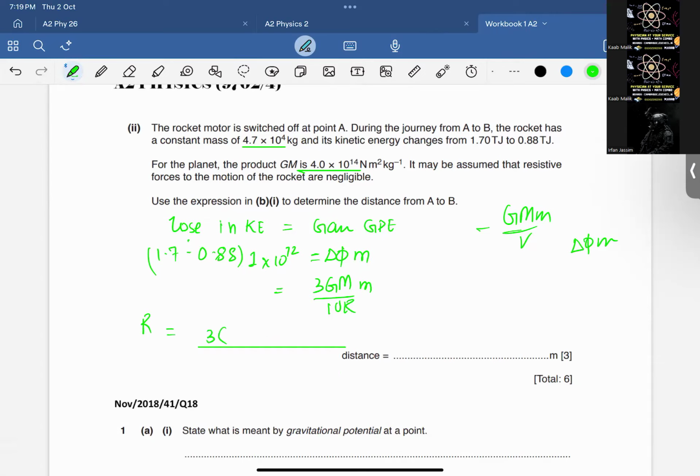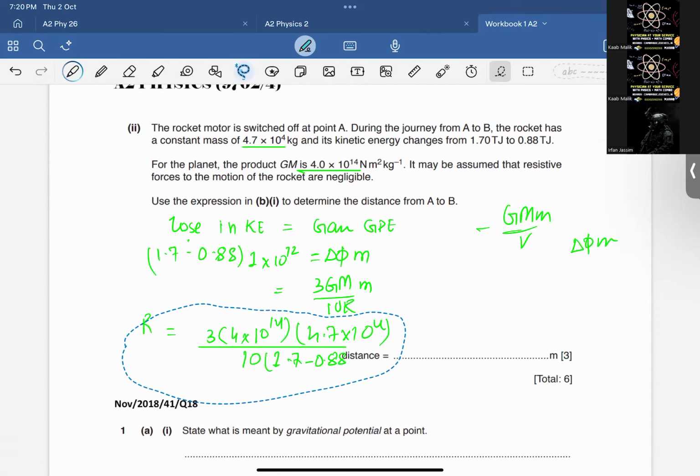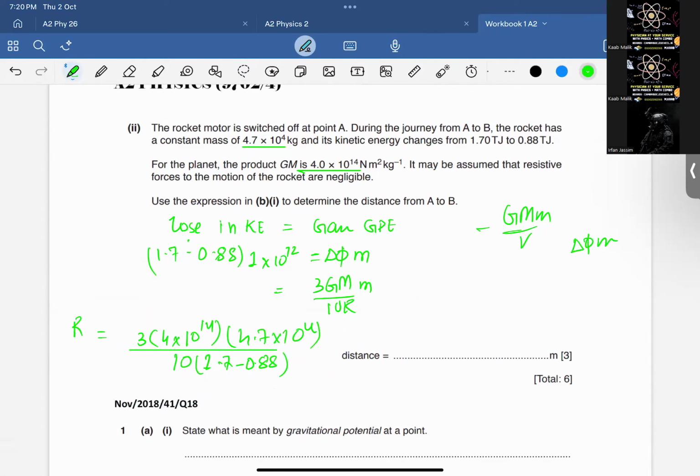GM has a value of 4 exponent 14, and the other m has a value of 4.7 exponent 4, divided by 10 and then the kinetic energy: 1.7 minus 0.88, into 1 exponent negative 3. Can you please find that out for me?